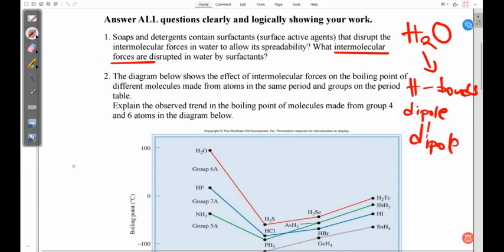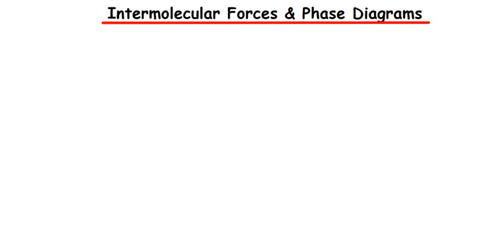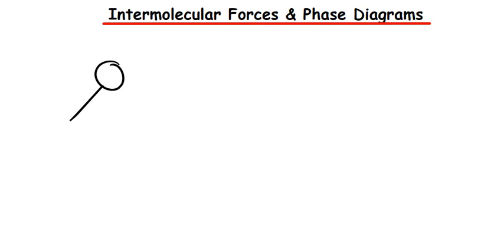So if I was to draw water like this, these ones I've drawn with lines. In fact, let me bring you here so you can see clearly what I'm talking about. If we have water like this, the ones I've drawn with lines are called intramolecular forces.